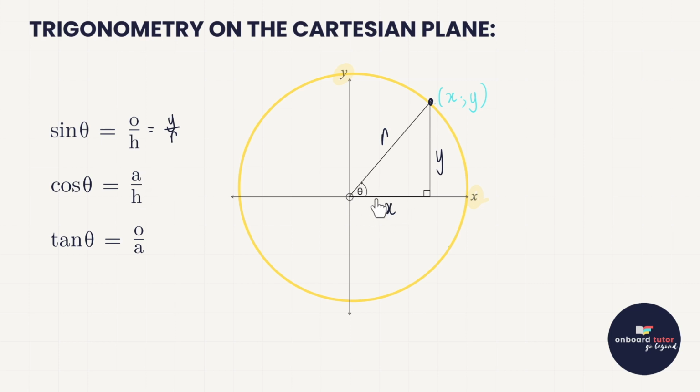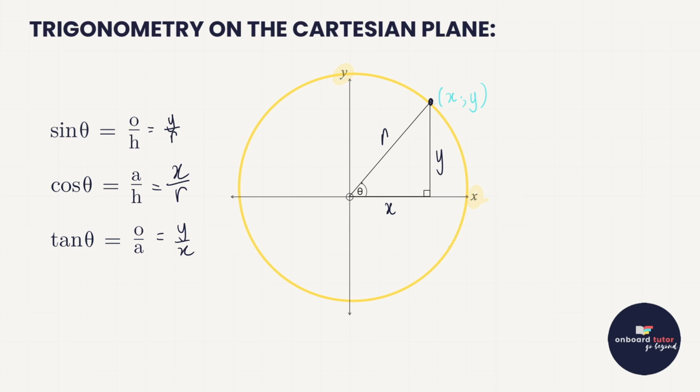Here's the angle. Adjacent is x. Hypotenuse is r. So cos on the Cartesian plane is x over r. And finally tan, opposite over adjacent, opposite to that angle, adjacent to that angle. So y over x. So there we have our trigonometry on the Cartesian plane.